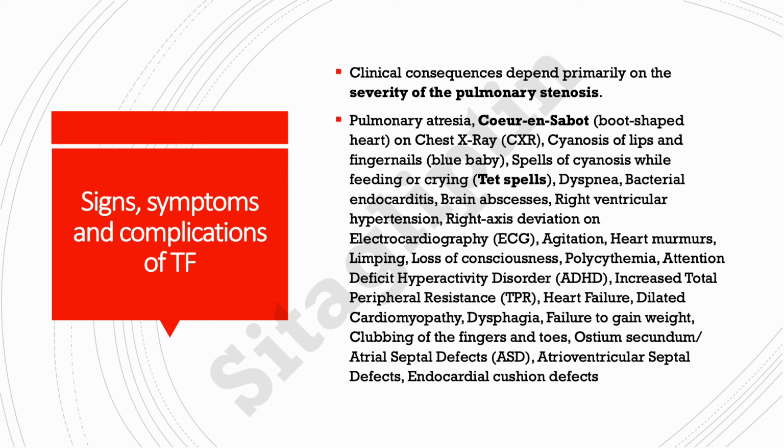We can find dysphagia in babies with Tetralogy of Fallot, and since there's dysphagia, they can't eat properly. The babies would have less weight, obviously they would fail to gain weight, and one thing that is very prominent in some people with tetralogy of Fallot is the clubbing of fingers and toes.